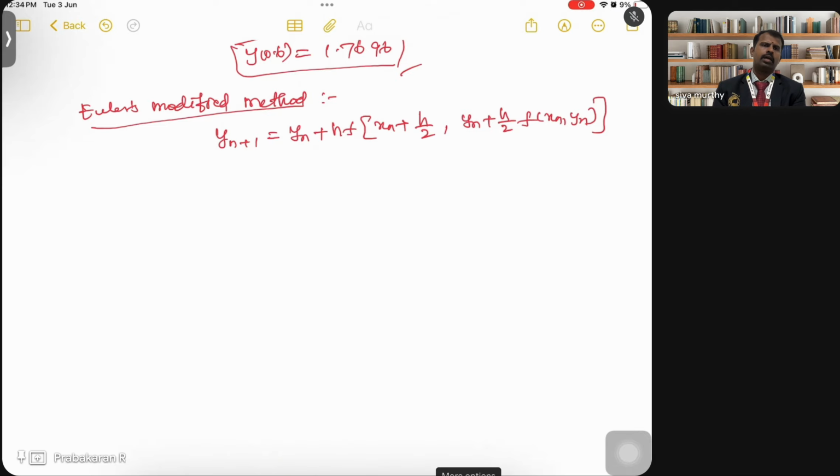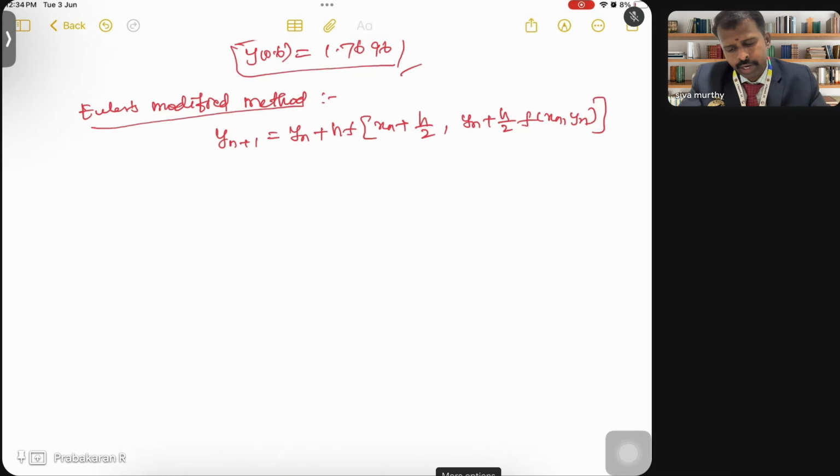The methods to solve ordinary differential equations are Taylor series method, Euler's method, modified Euler's method, and one more method is the Runge-Kutta method, called the RK method. One more is the multi-step method, Milne's predictor-corrector method. In this session we will solve using Euler's method and modified Euler's method.